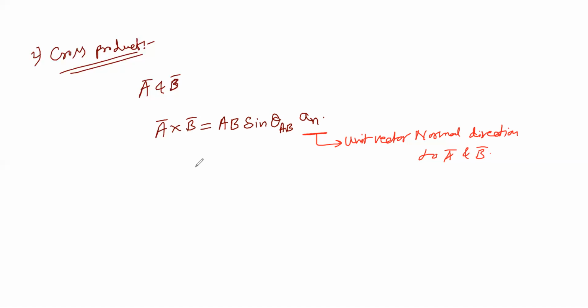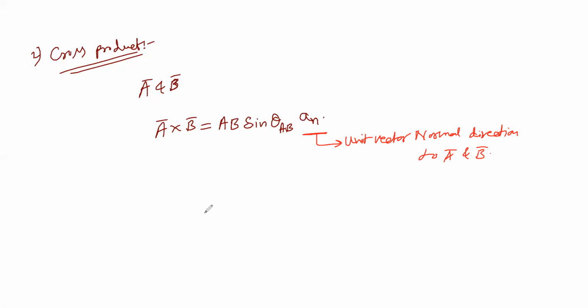Alternatively, the direction of an is taken as that of the advance of a right-handed screw as A is turned into B. So the resultant equation is A bar cross B bar equals AB sine theta an.